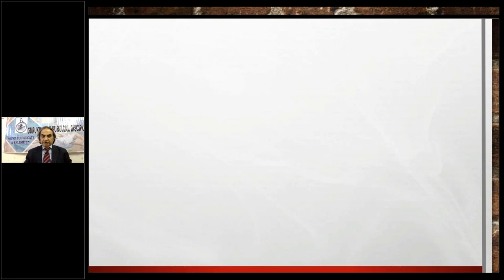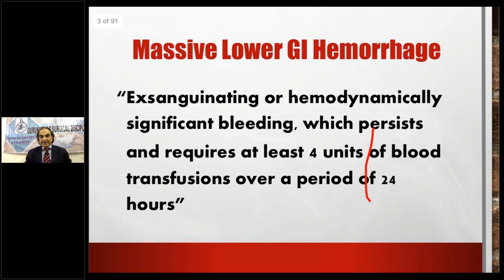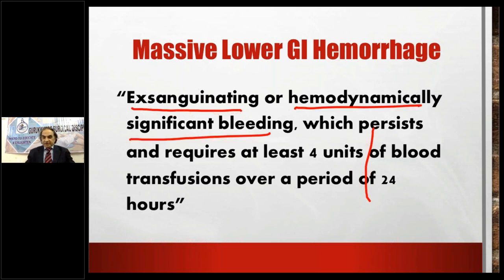Now, there is a definition of massive and mild and what have you. Massive GI hemorrhage is a term used for exsanguinating or hemodynamically significant bleeding. I don't want to make it more technical: the patient is in shock, it persists, and it requires at least 4 units in 24 hours.